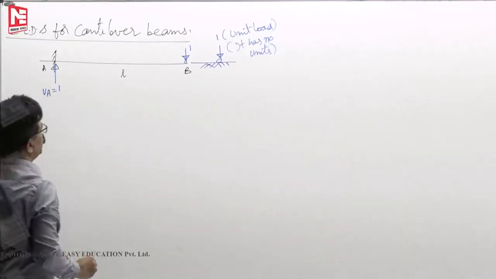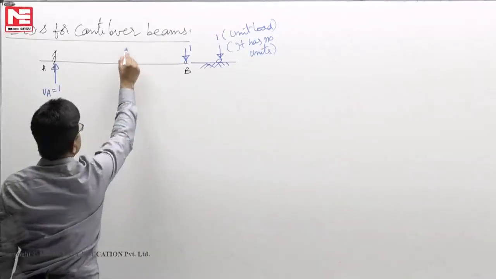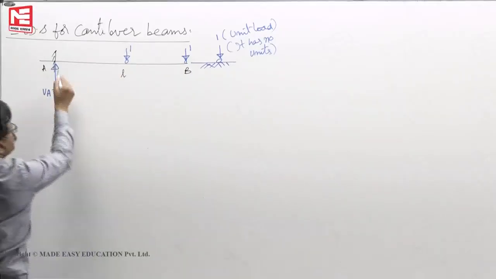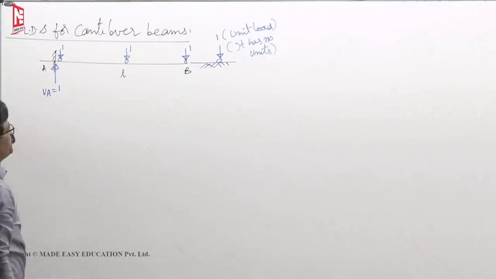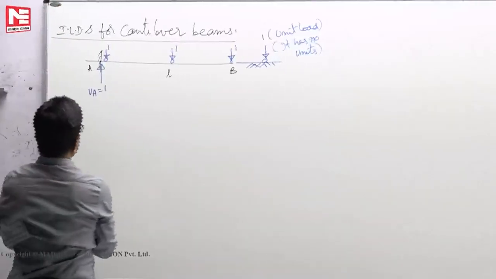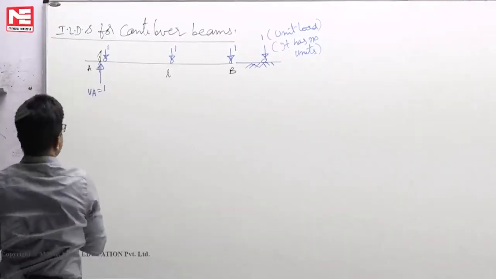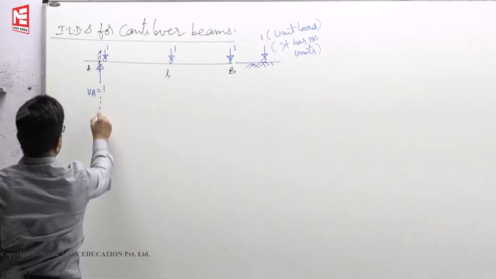VA is equal to 1. If the load comes here, also VA is 1. If load comes here, also VA is 1. That means for all positions of moving load, reaction will not change. That you get it from strength of materials.